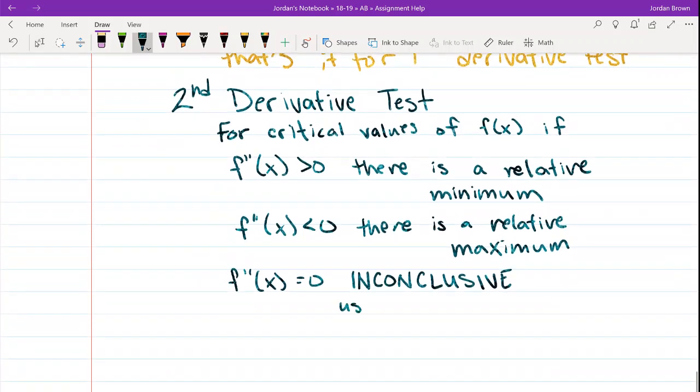You have to use the first derivative test. Okay?